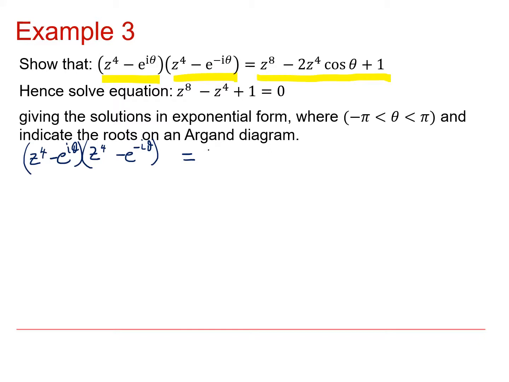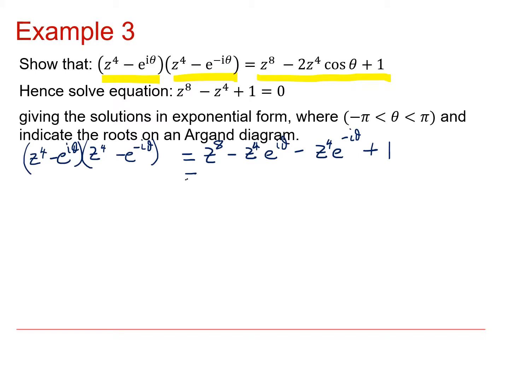When you multiply that through, you're going to get a z to the 8. You're going to get a z to the 4 e to the i theta and a minus z to the 4 e to the minus i theta. And then you're going to get plus 1 on the end because e to the i theta times e to the minus i theta just cancels out.